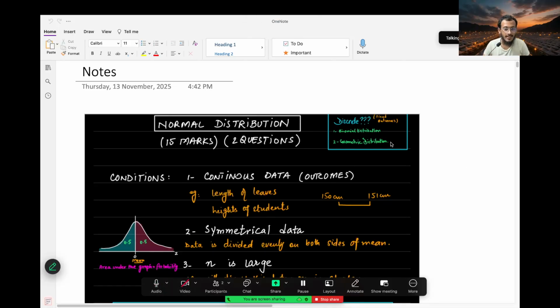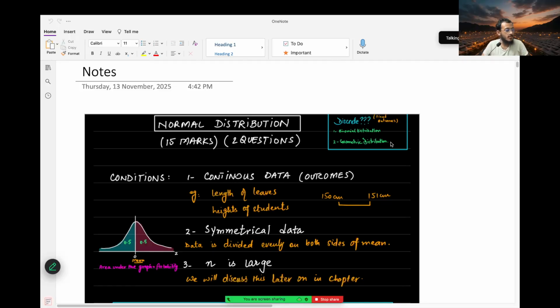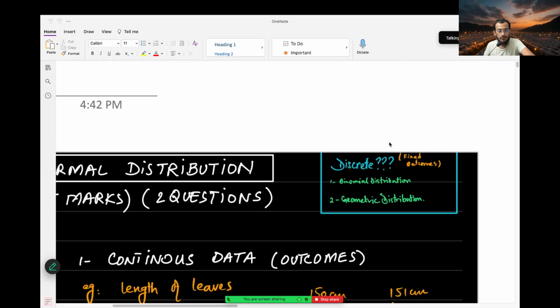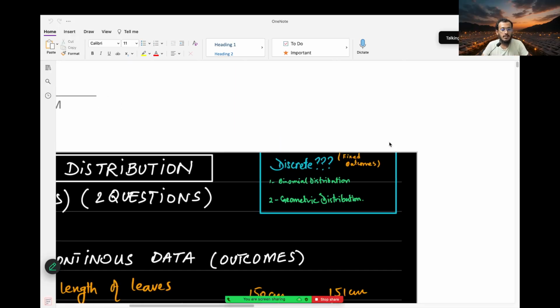Alright, that's great. Let's start our session for today, and we are studying normal distribution today. Previously you have studied binomial and geometric distribution, which were discrete. They were discrete distributions, which means that they had a fixed set of outcomes. So it could be either 1 or 2, nothing in between, integer data.